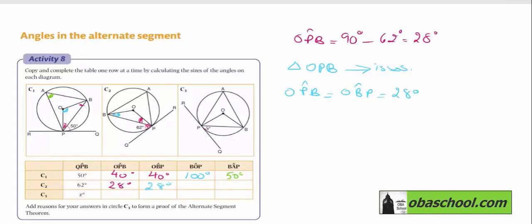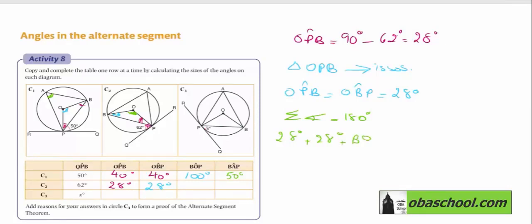Now moving on to the following angle BOP. We are still working within the same triangle OPB, the triangle that we just mentioned was isosceles. And since it's isosceles, we say 180 degrees is the sum of angles. And we have already 28 plus 28 degrees for both base angles.